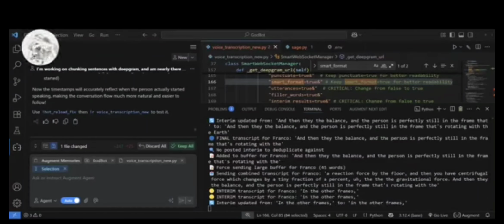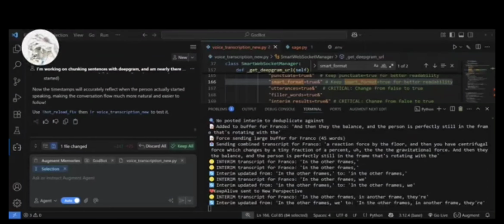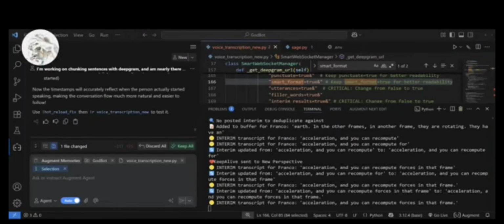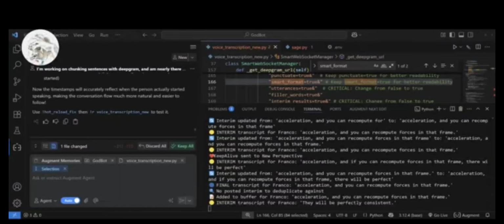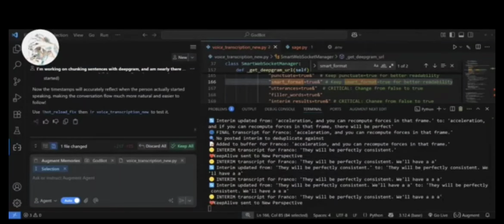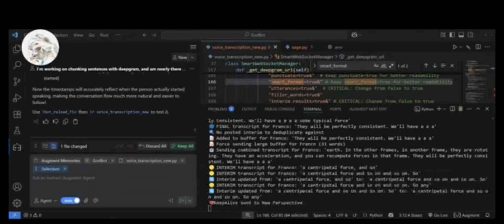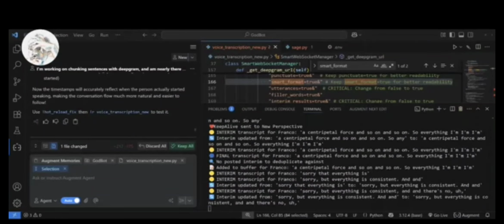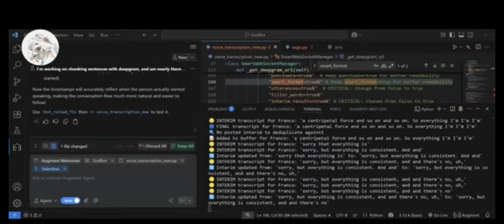In another frame, they are rotating, they have an acceleration, and if you compute forces in that frame, they will be perfectly consistent. We'll have a centripetal force and so on. So everything, I'm sorry, but everything is consistent, and there's no problem whatsoever.